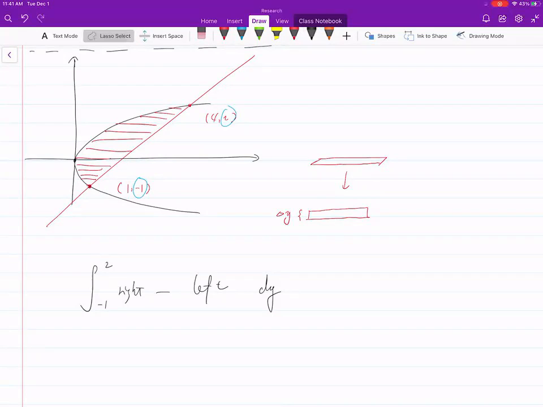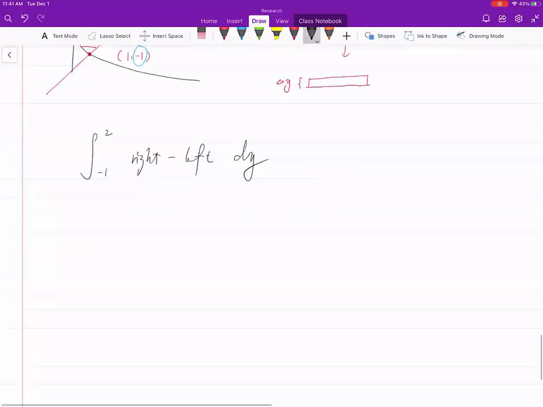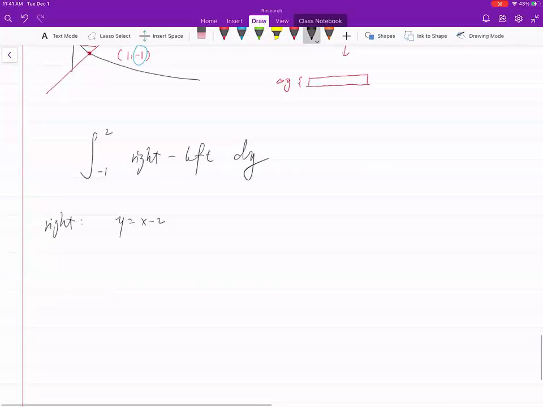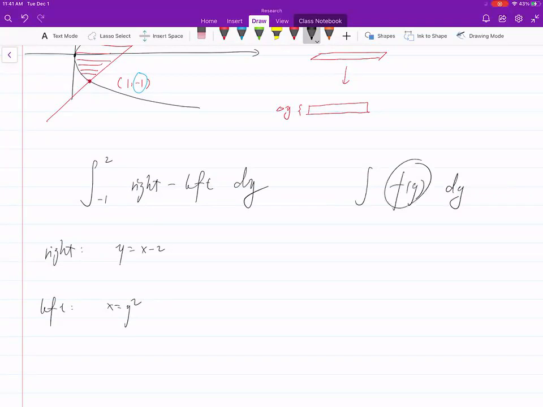Of course, the one on the right, the one on the left, we know the one on the right is a straight line. The one on the left is going to be this. Right minus left. Okay, the one on the right is going to be a straight line. The one on the left is going to be this. Moreover, if you want to take some integration with respect to dy, do you feel like you should put a function of y there?